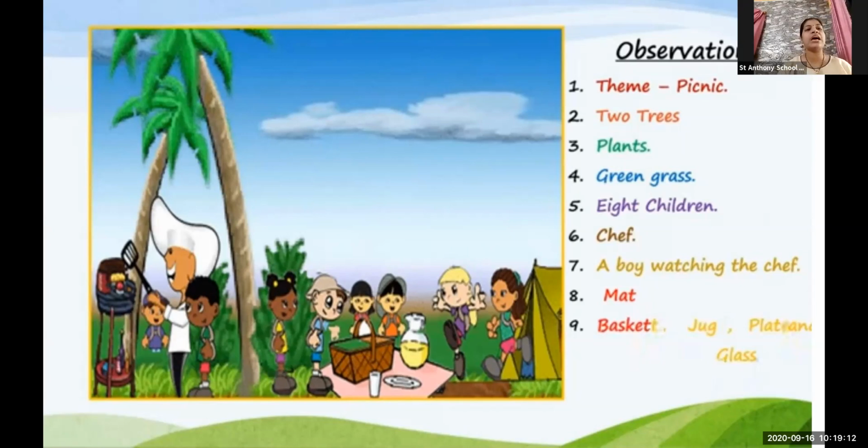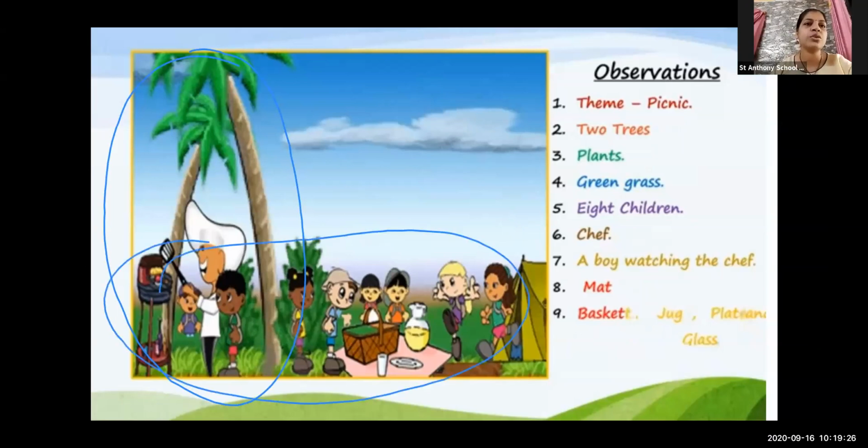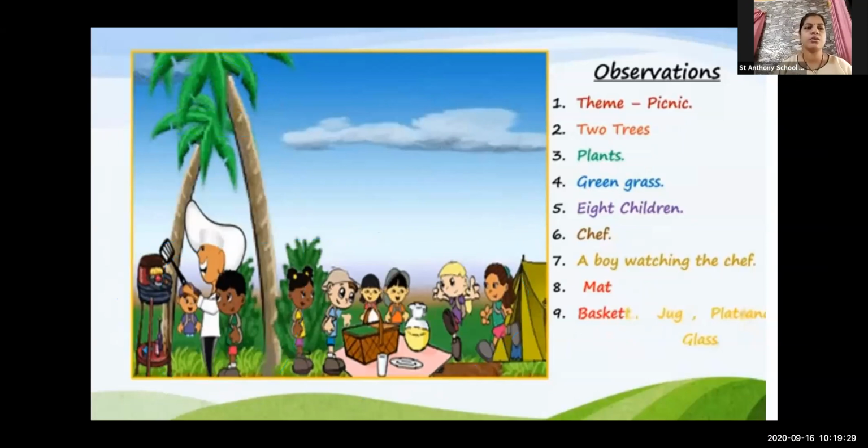Okay, now just follow what is in that. What is there in the picture? The two trees you can specially mention over here. You can see all the trees are having bushes, but these two trees are long. So we mention there are two trees, there are so many plants in the scene, green grass is also there, and how many children? As I have mentioned, there are 8 children. One chef is there, and the boy is watching the chef.